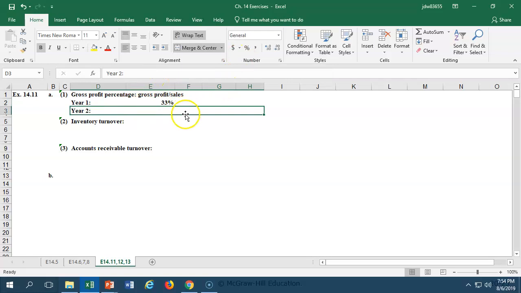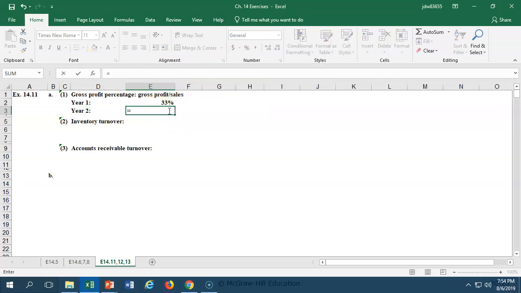All right, let's do it for year 2. Sales for year 2 is 750,000. Cost of goods sold 495,000. Divided by the sales of 750,000. So 34%.